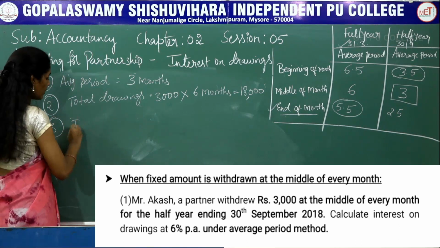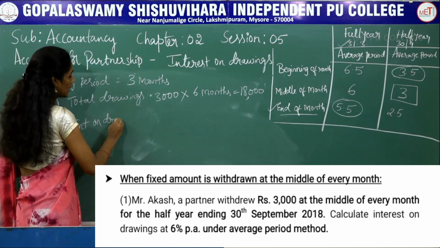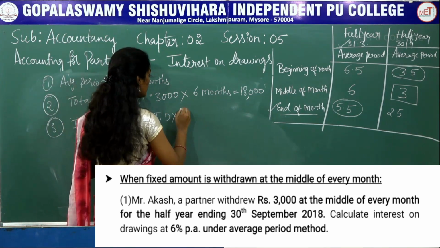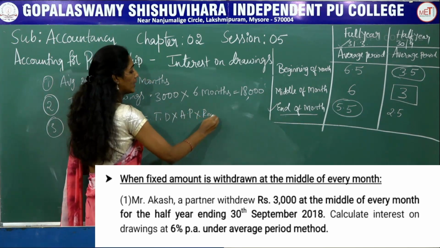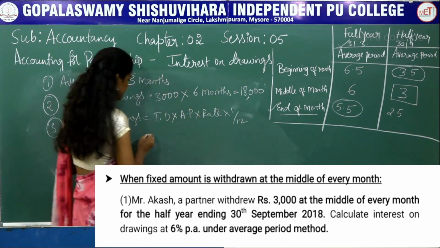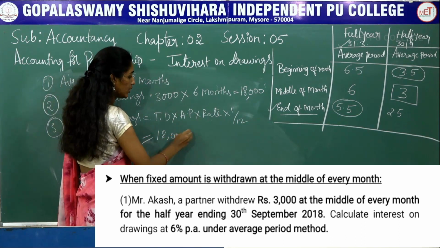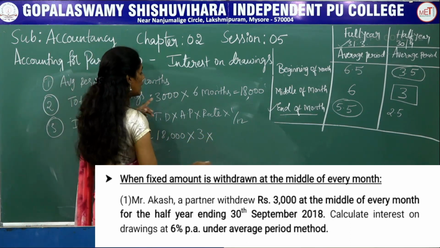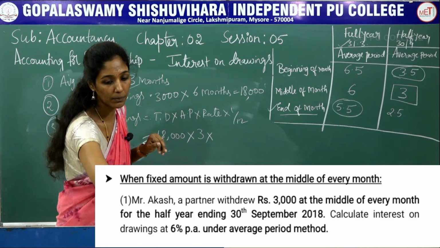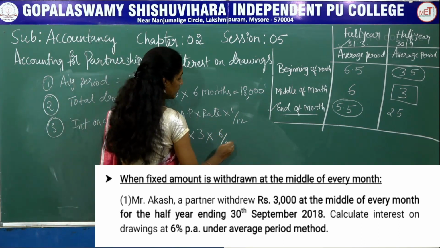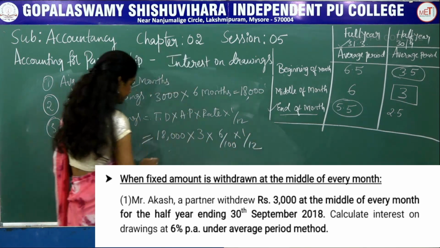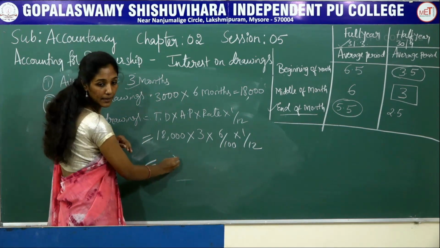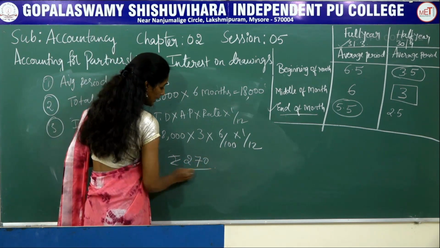Then apply the formula, interest on drawings equals total drawings into average period into rate into 1 by 12. Total drawings here is 18,000, average period you already know is 3 months, rate given in your problem is 6%, into 1 by 12. Then the amount will be rupees 270.